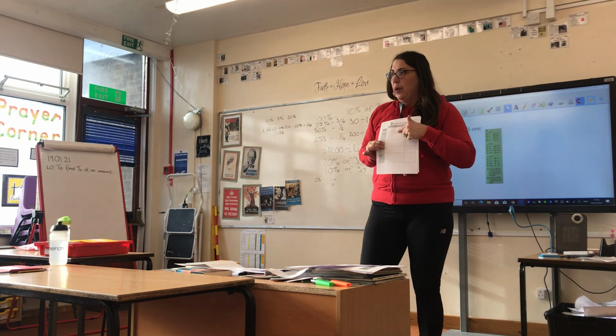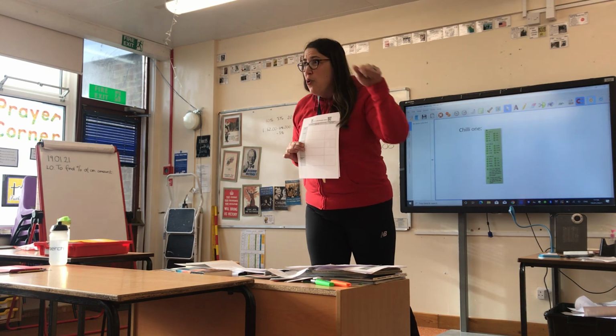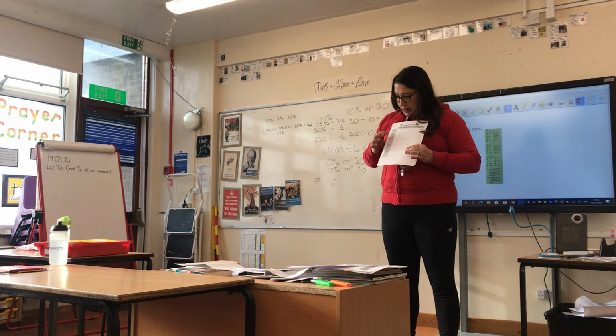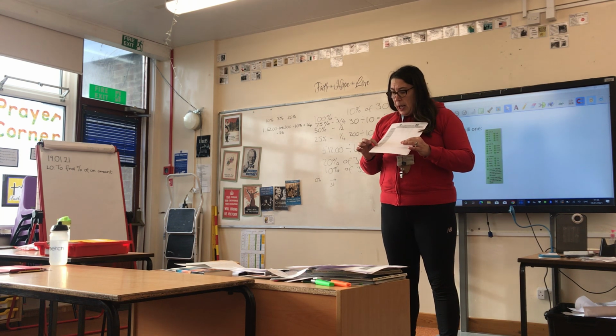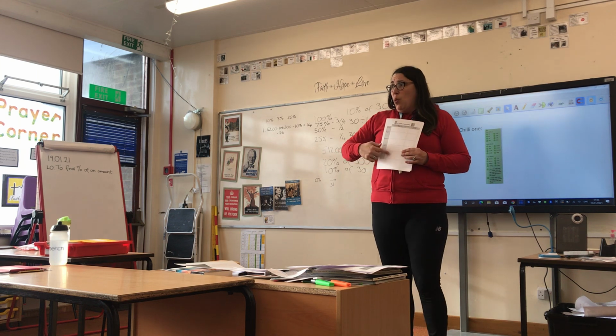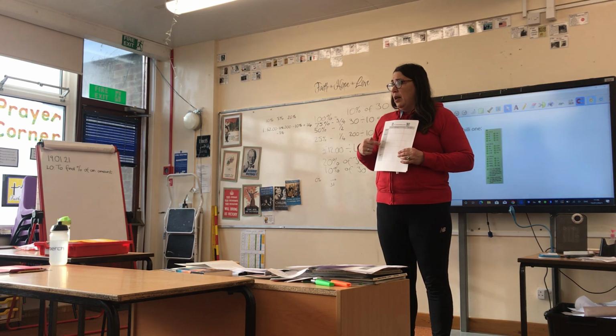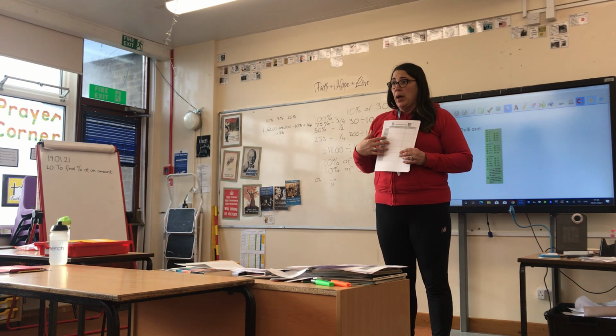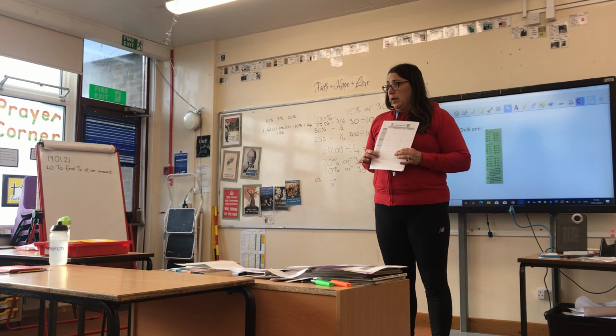Because if we're going to win this war, we've all got to pull together, haven't we? We've all got to do our bit. And these are the paragraphs that you're going to be writing about. Then your conclusion, where you're literally summarising what you've done up here, about how we are going to win the war by all pulling together, by doing those set things.